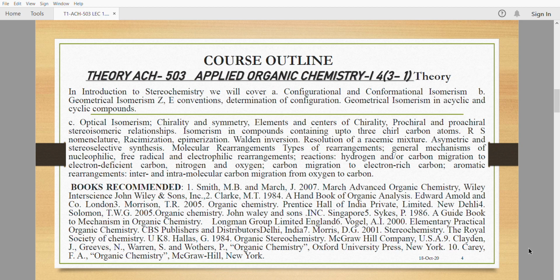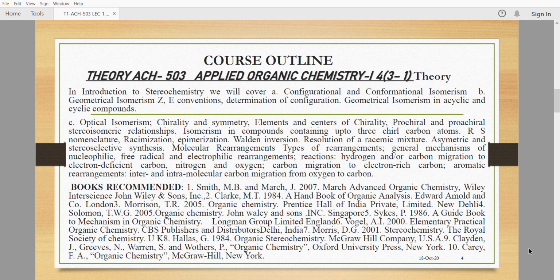Then there are many ways to express those orientations in space: R, S, and in geometric isomerism, Z, E, cis, trans, syn, anti, erythro, threo, etc. Now optical isomerism is very important.